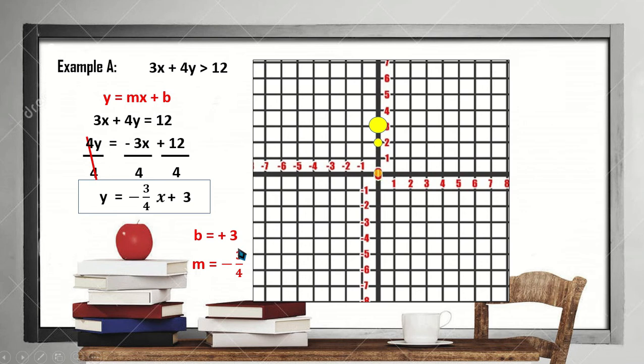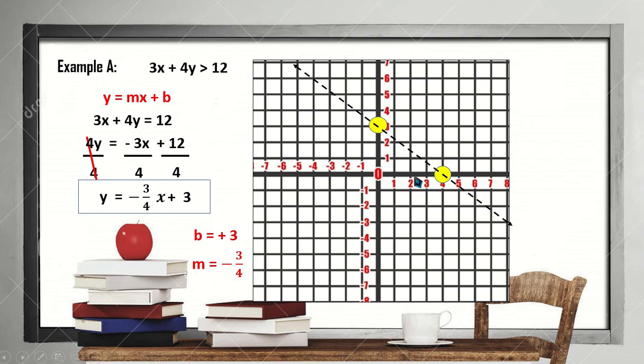So, we have 1, 2, 3. And then since yung nasa baba natin ay 4, at since ito ay negative, papunta tayo sa kanan ng 4 na beses, we have 1, 2, 3, 4. So ibig sabihin, ito yung isang point natin. So ito na, meron na tayong 2 point. Okay? So ang gagamitin natin dito ay broken line.